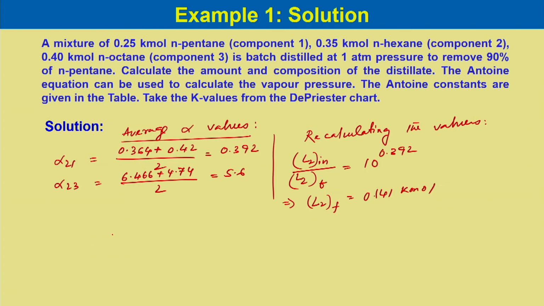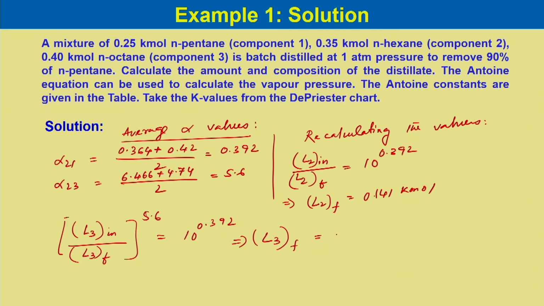Similarly, if we consider L3 initial divided by L3 final to the power 5.6, which is equal to 10 to the power 0.392, from here we can get L3F is equal to 0.340 kilomole.